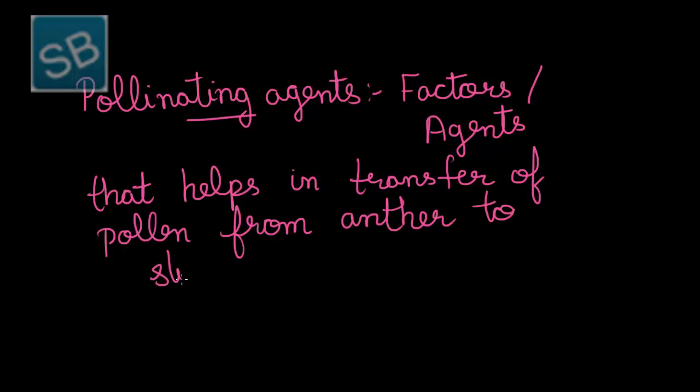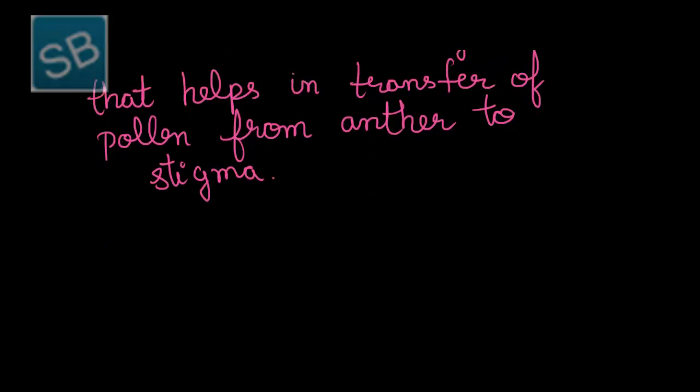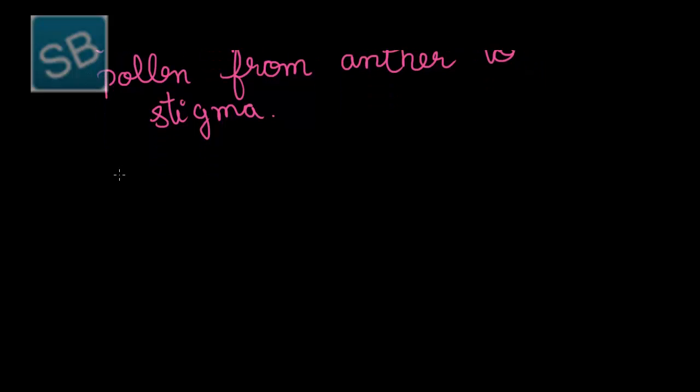Now these pollinating agents can also be of various types, which are mainly classified into two types, that is abiotic and biotic.